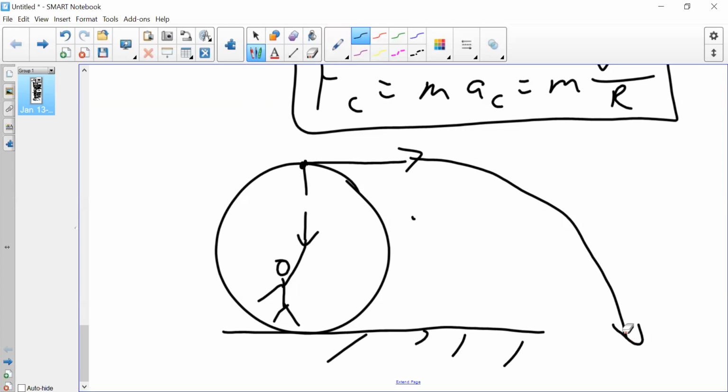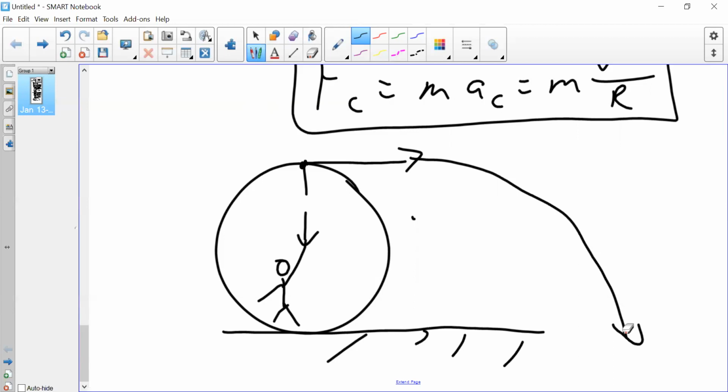So Newton's second law is in the center, Newton's first law is always around the circle, unless we have some outside force that's going to increase that velocity around the circle, which we saw last time, section 4 or 5, and which we'll probably see tomorrow again as non-uniform circular motion.